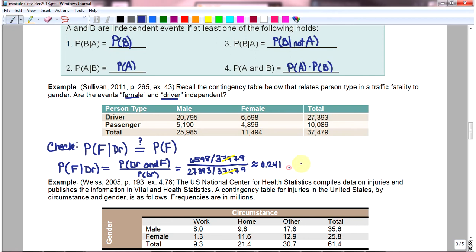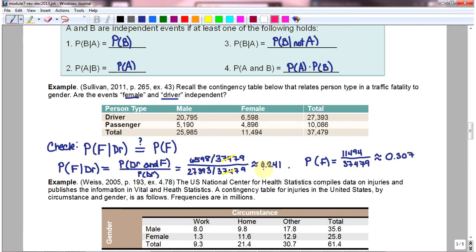Okay, well now let's look at the probability that the fatality was female. Well, there were a total of 11,494 females out of a total of 37,479 fatalities. And when I do that arithmetic, I end up with 0.307.